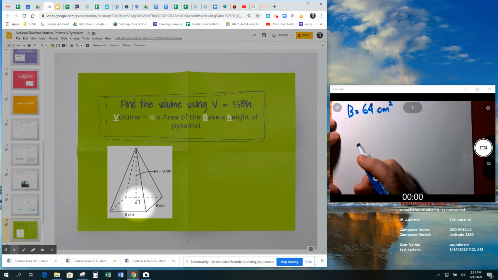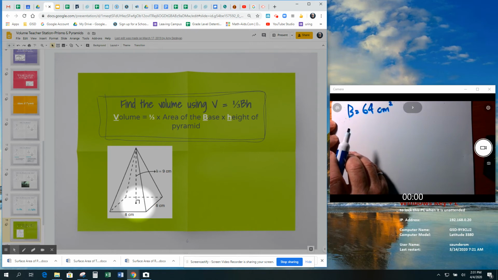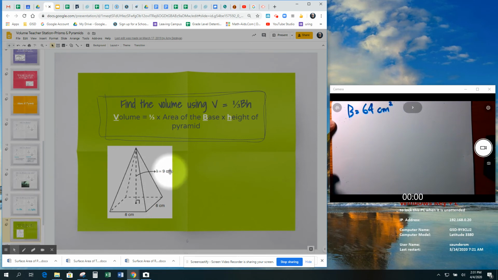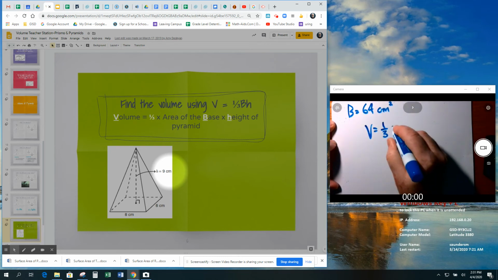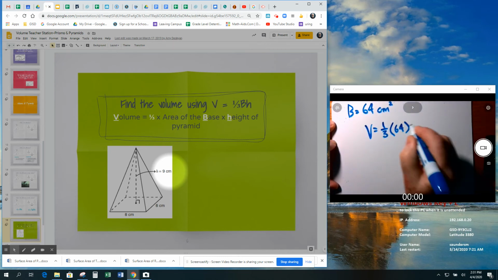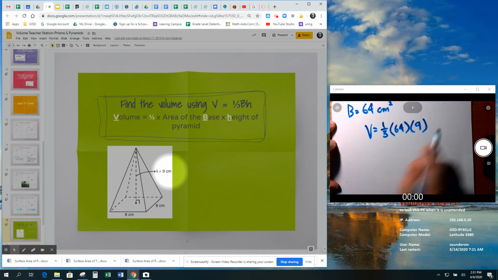And the volume is equal to 1/3 times the area of the base times the height. The height of our pyramid is 9 centimeters. So volume equals 1/3 times 64 times 9. 1/3 of 9 is 3. 3 times 64 is 192.